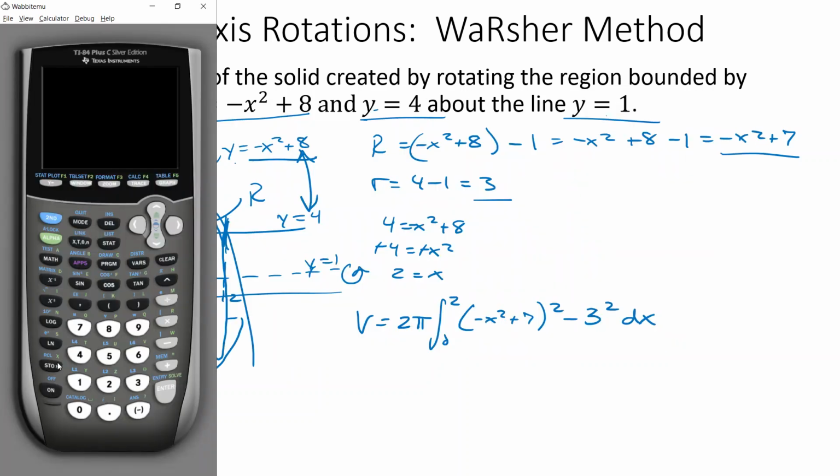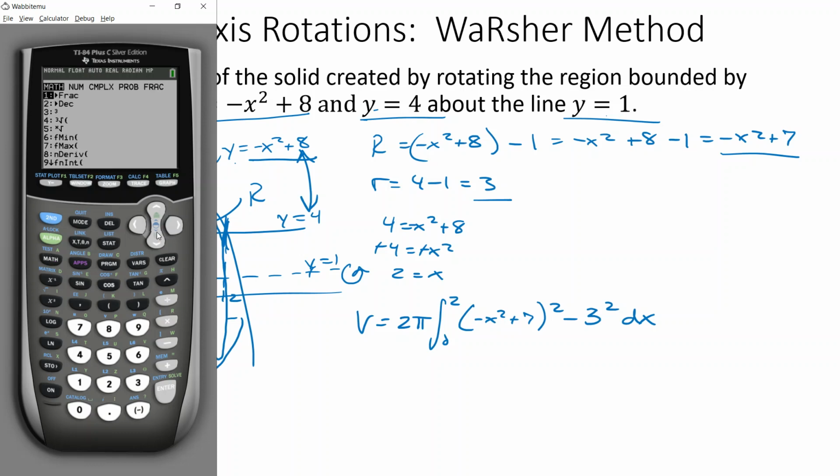So let's practice that. We go to math, and it's number 9. All right, I'm going to leave off the 2 pi for now. I just want to know what this is. So we're going from 0 to 2 of the quantity negative x squared plus 7, close parentheses, that guy squared, minus 3 squared, which was 9, and x is our variable.